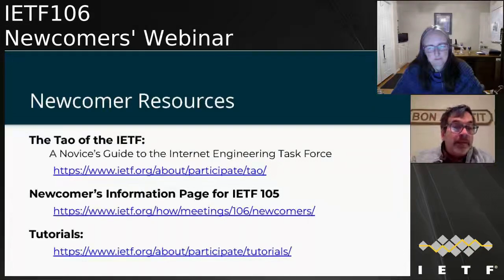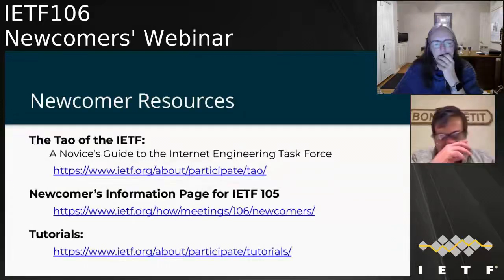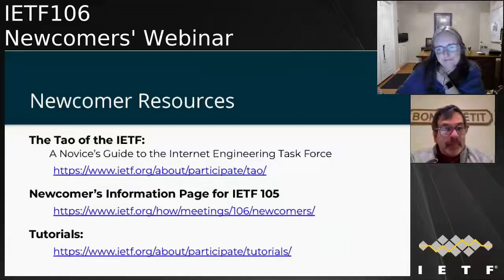The newcomers page, your one-stop shopping for all things about the IETF. The link is correct. The title obviously is off by 1. Happens. The tutorials page will have copies of the slides, including this set. After the meeting, it will have links to the videotapes of the slides, and it will have the names of the people, like Carol and me, who are giving them. Next page.